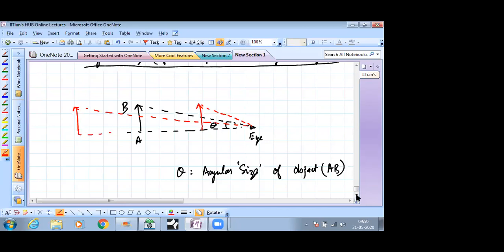So that's why angular size plays a very important role in our understanding of size of an object and depth perception. If our vision did not have depth perception, then we would never be able to tell the size difference because of distance or angular size.